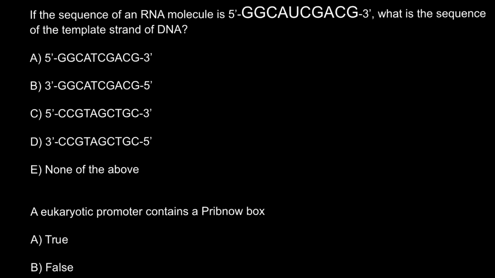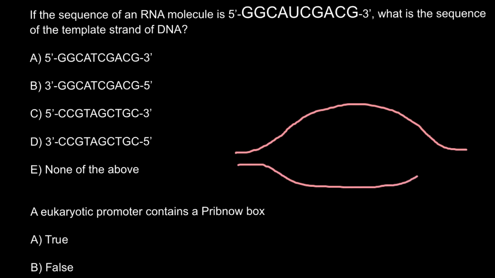If the sequence of an RNA molecule is as follows, what is the sequence of the template strand of the DNA? And in order to solve this problem, you need to know the names of the DNA strands. So imagine that here is a process of production, or transcription, of the messenger RNA, and here we have two DNA strands that separate, and here is the messenger RNA.